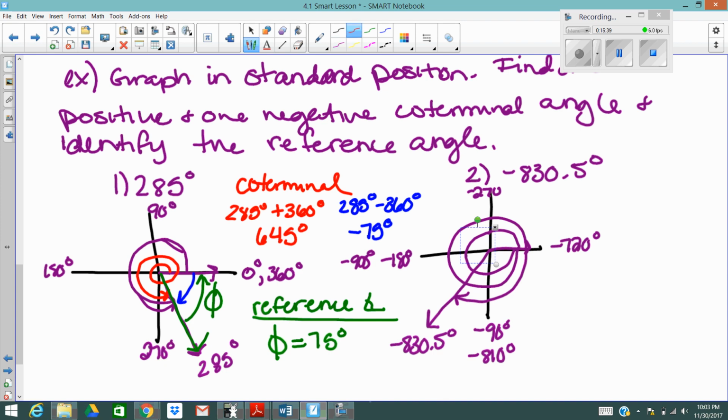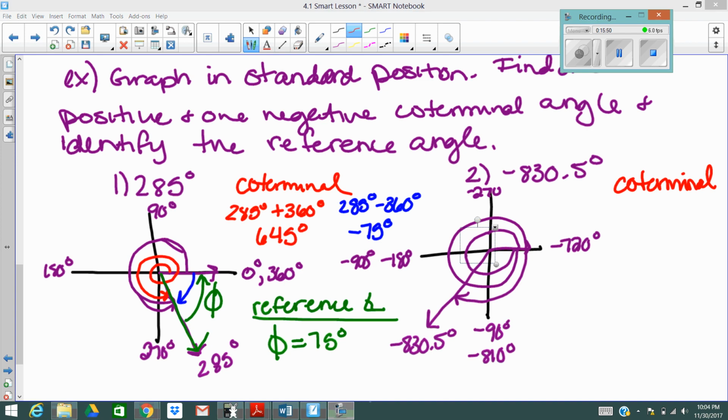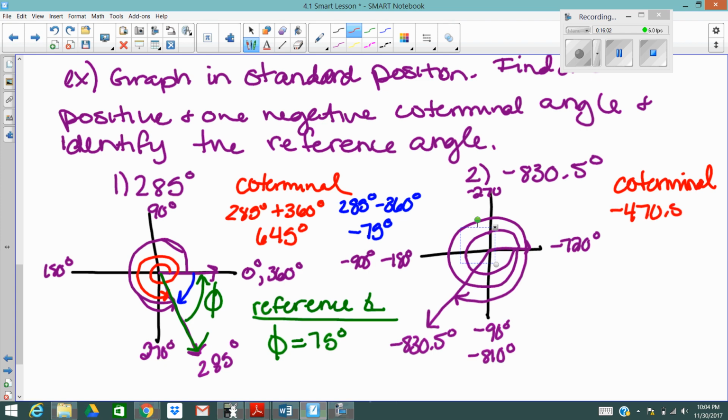Now let's find our coterminal angles. So if I take negative 830.5 and I add 360 to it, I'm still at a negative angle. So that can be one of my negative coterminal angles.